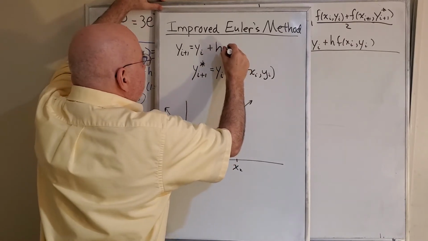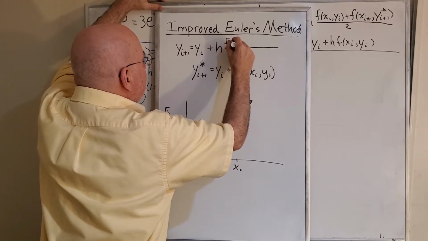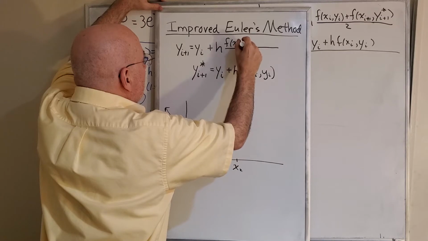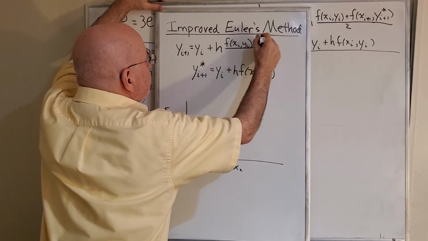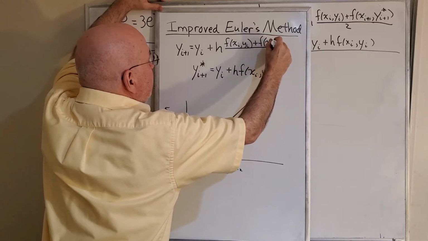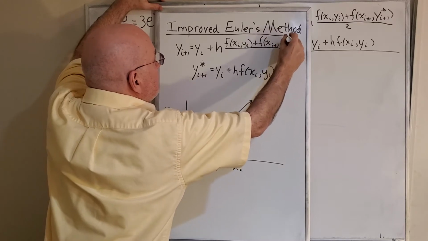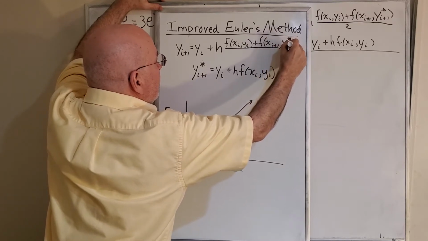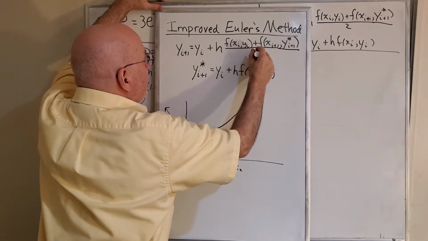But now I'm going to make a fraction. On top, I'm going to do f of xi, yi, plus f of xi plus 1, comma, y star i plus 1, over 2.